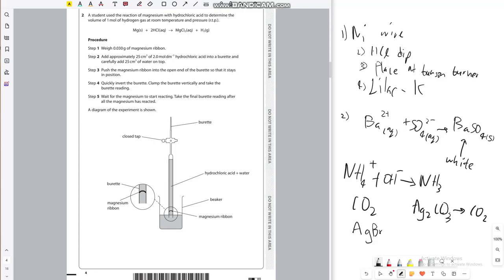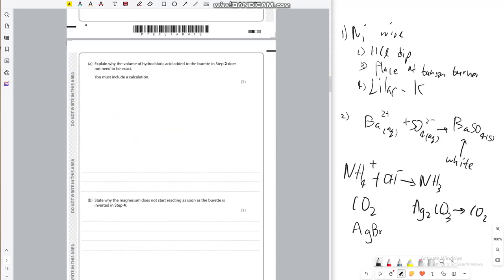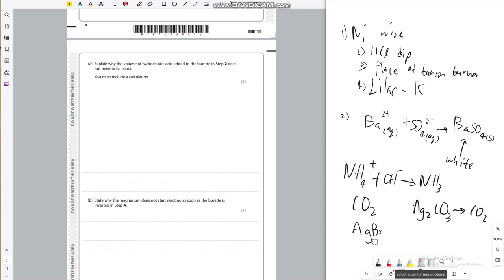The stoichiometry of magnesium to hydrochloric acid is 1 to 2. We have to show that hydrochloric acid is in excess. We'll see how we do it. Alright, we'll start to find the number of moles of the acid, and we'll find the number of moles of the metal also.